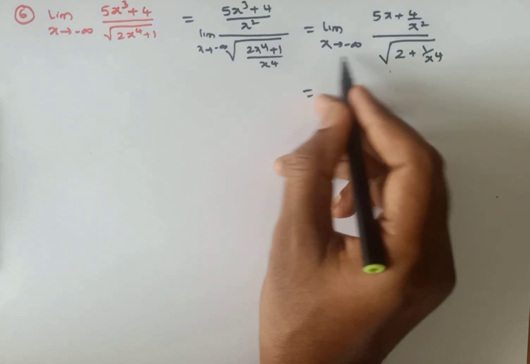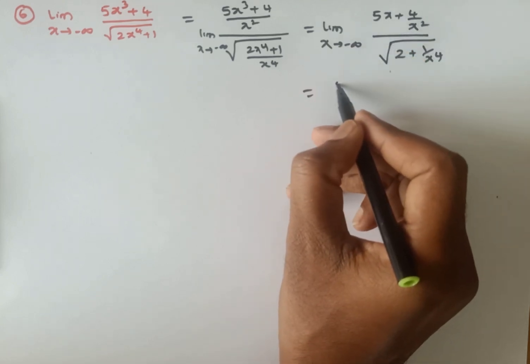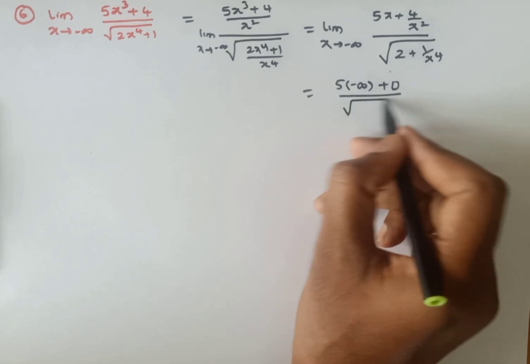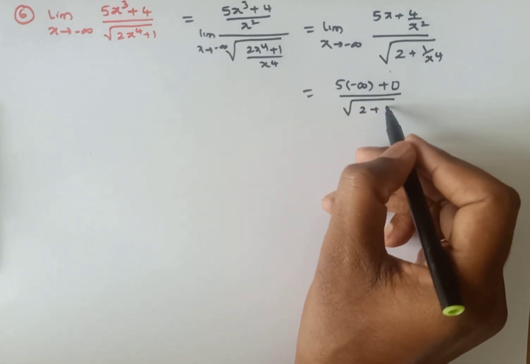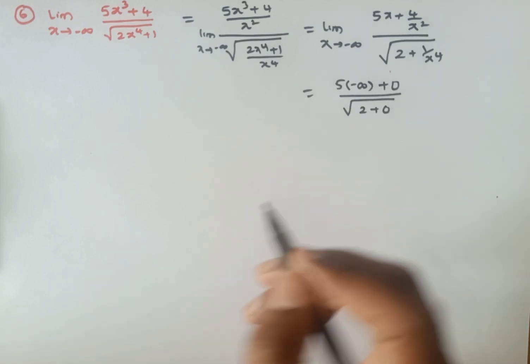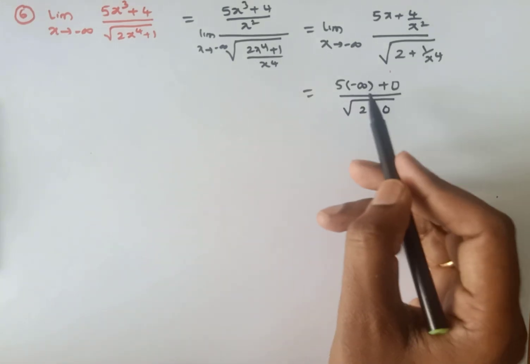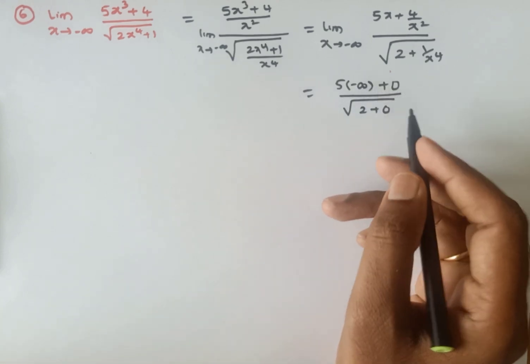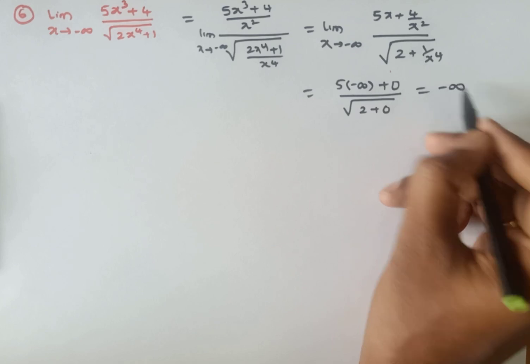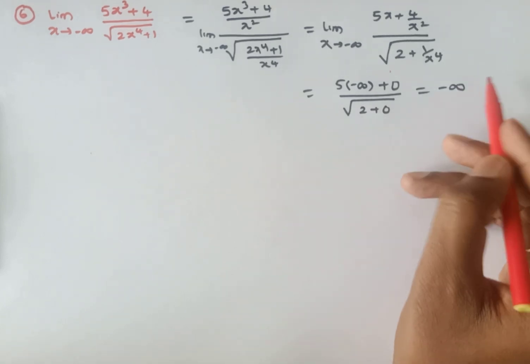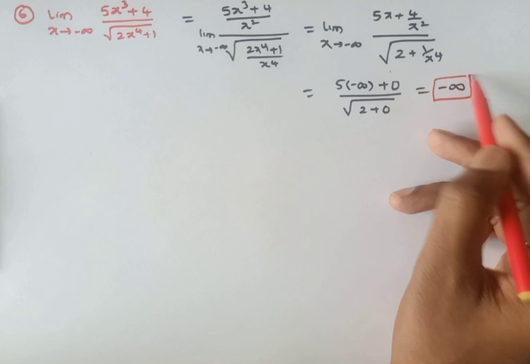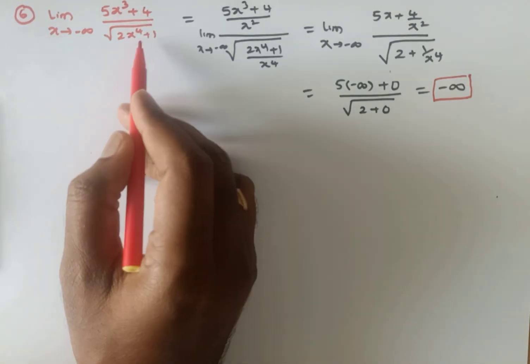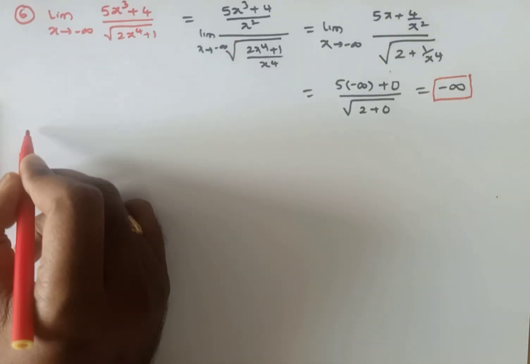Now 5x is 5 into minus infinity, plus 0, divided by square root of 2 plus 1 by x power 4, which is again 0, as x goes to plus infinity or minus infinity. So finally it is 5 into minus infinity, which is minus infinity, plus 0, so finally it is minus infinity. Or you can take x cube common and x power 4 common, no problem.